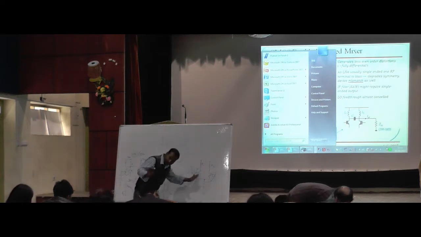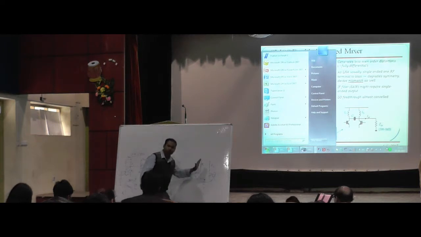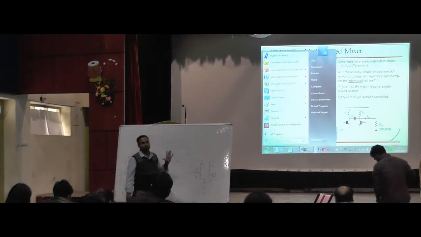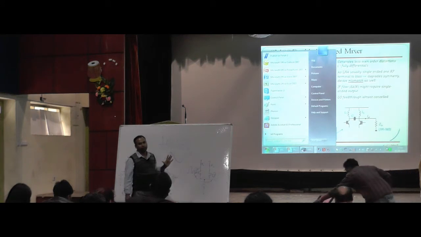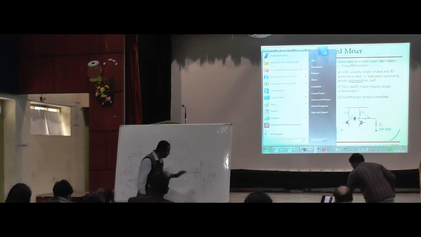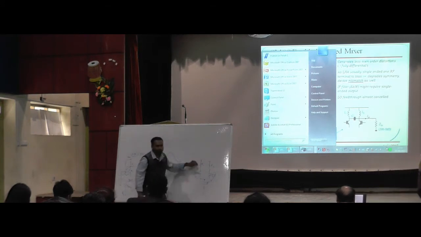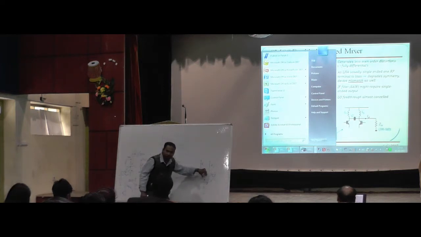See, it's a very interesting point. It is just about to turn on because of finite resistance. This particular transistor is just about to turn off. The full current, let's say the current is I, will not flow there because it's not fully on. But it is off, so the current cannot flow.